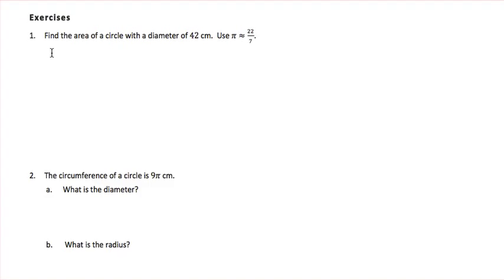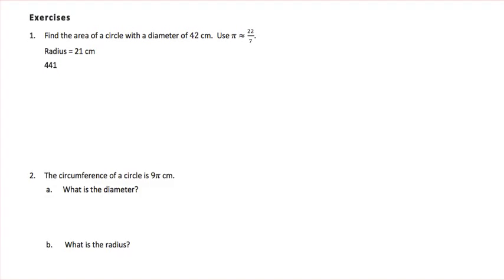Our radius is 21 centimeters. Using that information now, we're going to square the radius and multiply times pi. So 21 squared is 441.